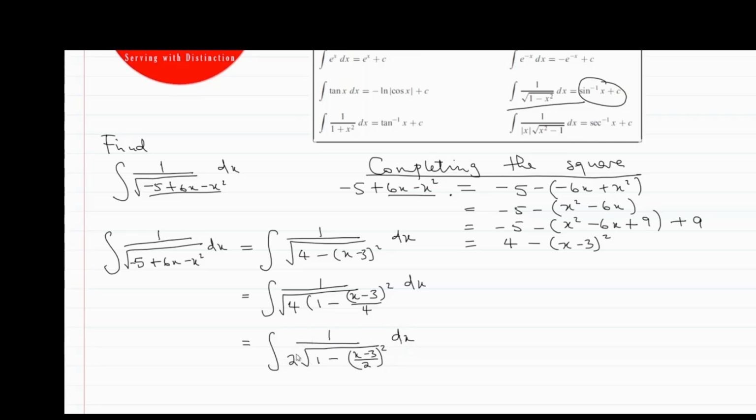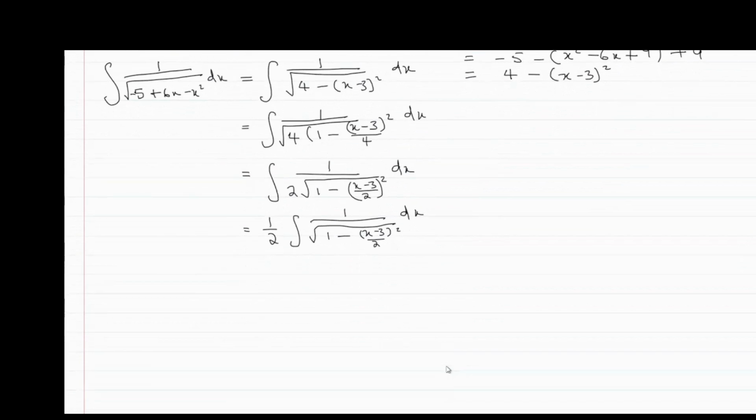Now we can factor out the constant half, which is a half into the integral of that. What we need to do here is replace this term with one letter. Any variable can be used, and we commonly use u.